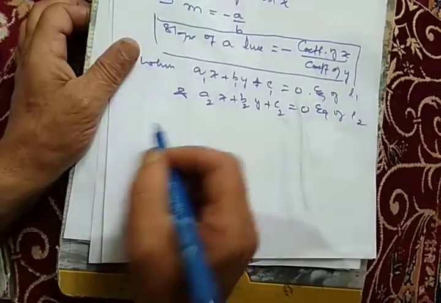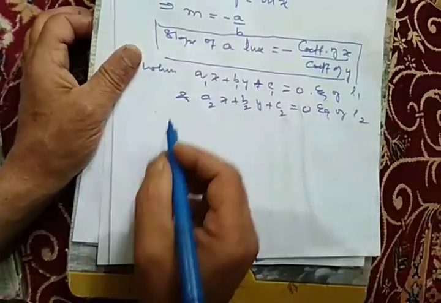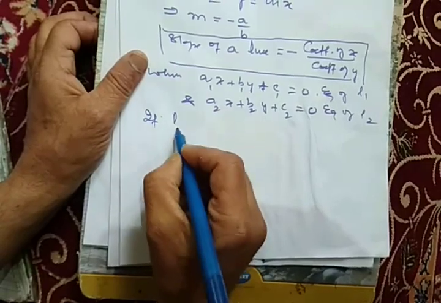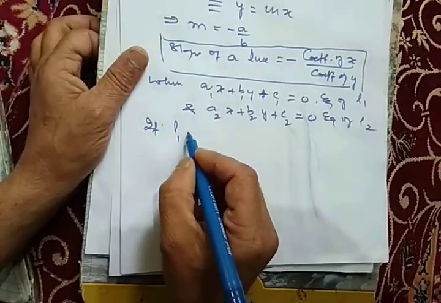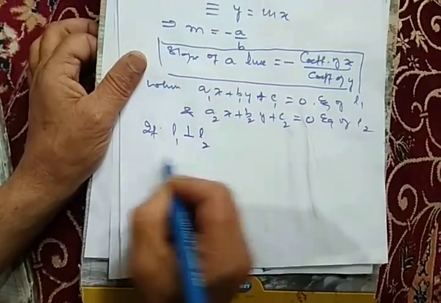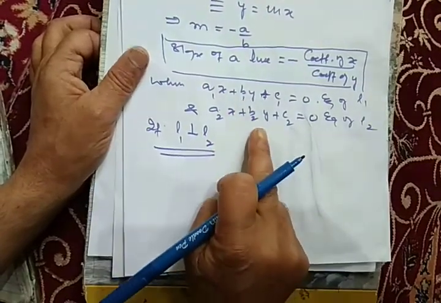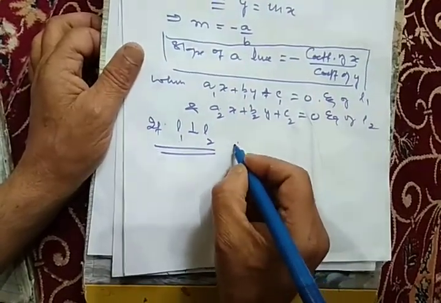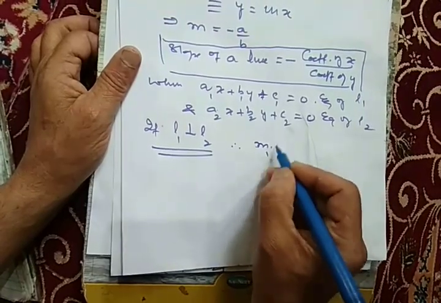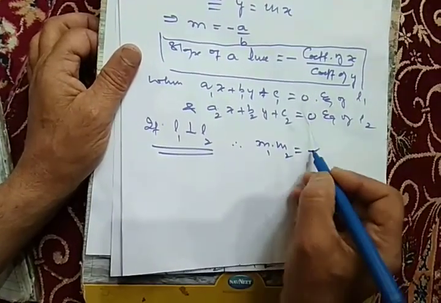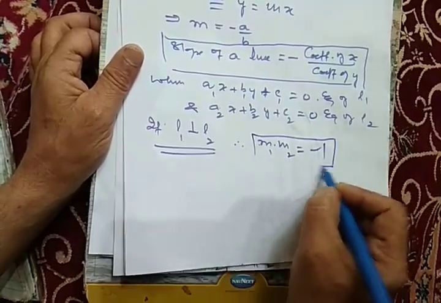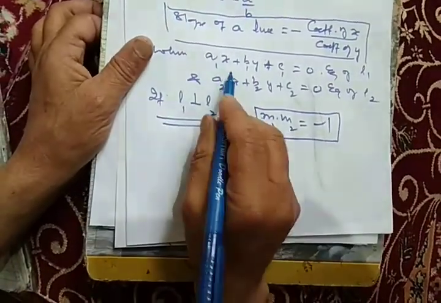Now you can say that if L1 is perpendicular to L2, if this line is perpendicular to the second line, then we know that m1 into m2 must be equal to minus 1. This is the condition of perpendicularity that we have deduced earlier. So what is the slope of the first line?